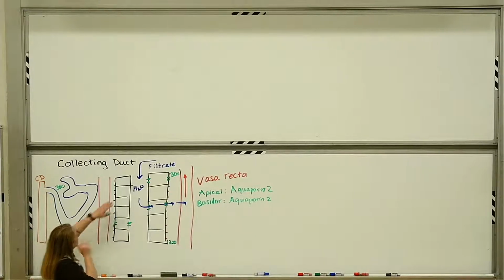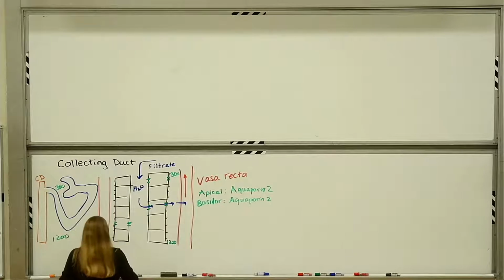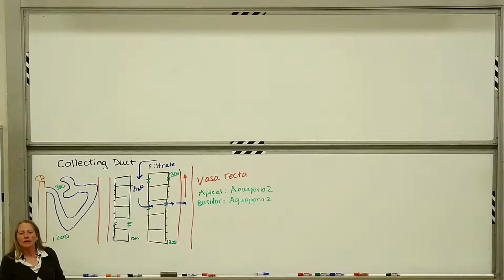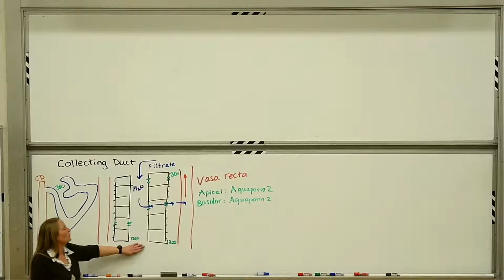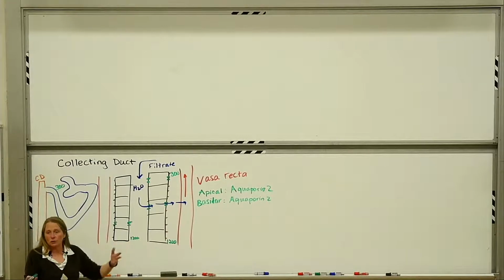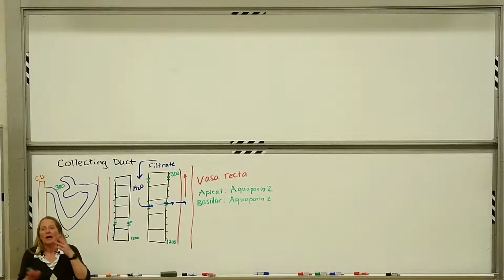If this works well, you're going to actually bring your urine concentration back down to 1200 again, having pulled out pretty much everything you can, and then that is going to leave. So you'll have pretty low volume if you concentrate because you've pulled most of it back. If you have dilute urine, you have a higher volume.